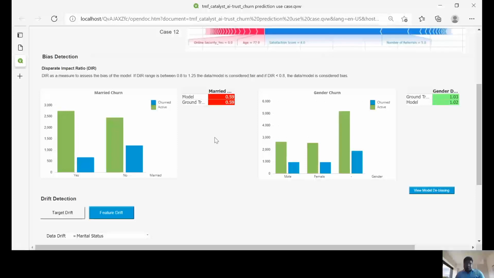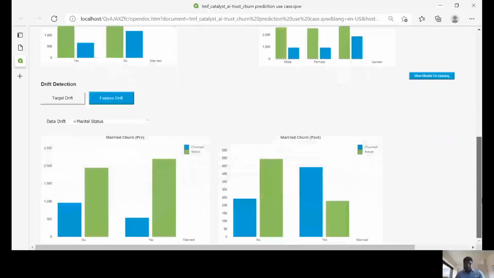Now, what we learn from this is that marital status is one variable which seems to have an issue with respect to bias. That's one. And with respect to the various features that we have used, we are also seeing a drift between the test validation sample and the test sample.